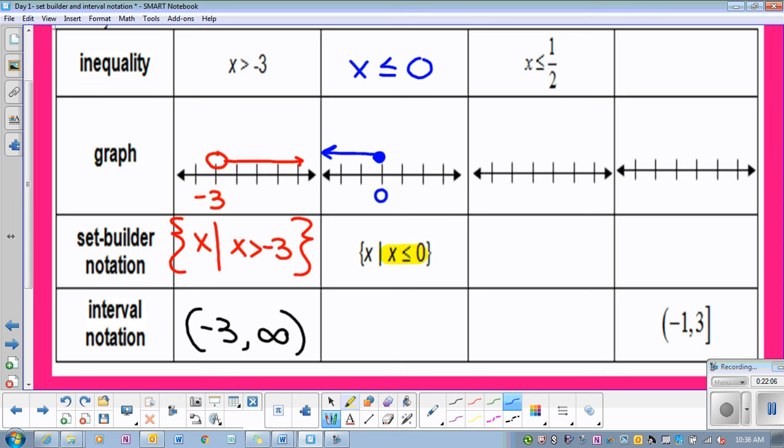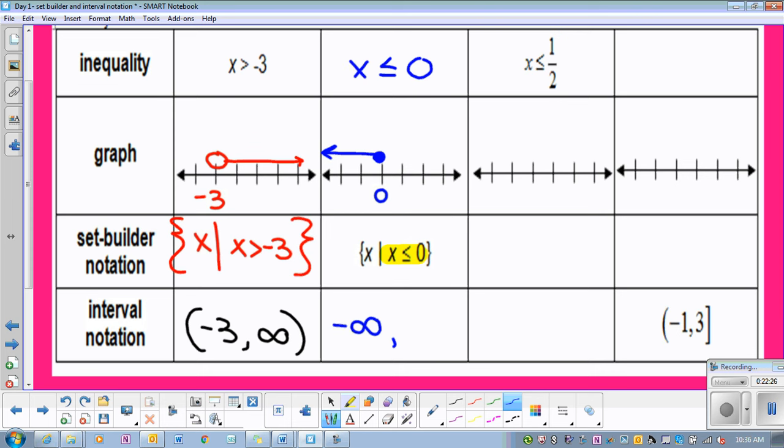Set builder's already done. Now I have to do my interval. You have an arrow going to the left. Where is that going? Thank you. Negative infinity. And remember, negative infinity always comes first. Don't write it on the right side. It has to be on the left side.